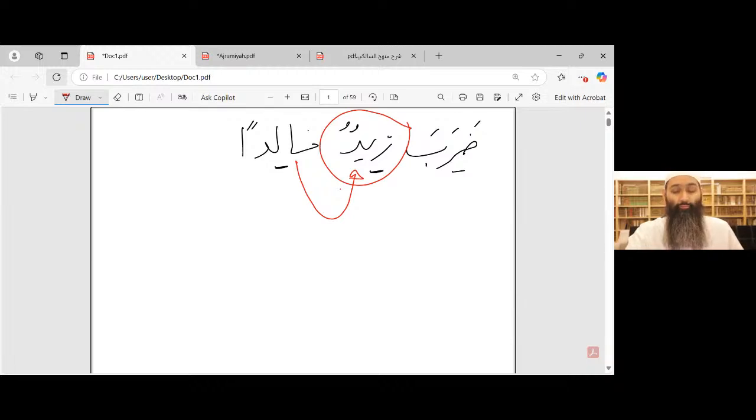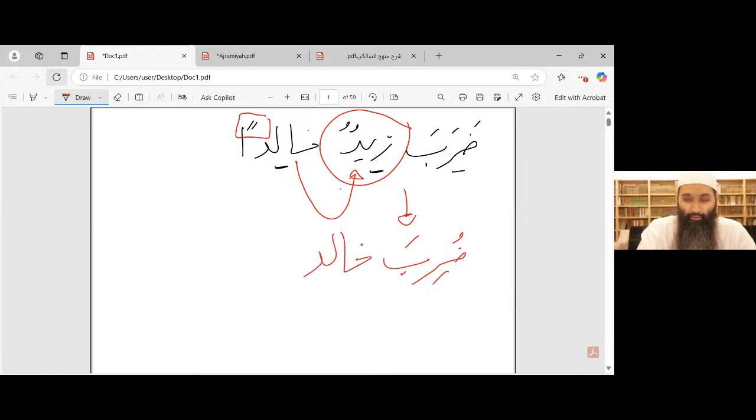So for example, after it was mansoob, it must become marfu', just like the fa'il. So what happens here is it becomes duriba Khalidun.